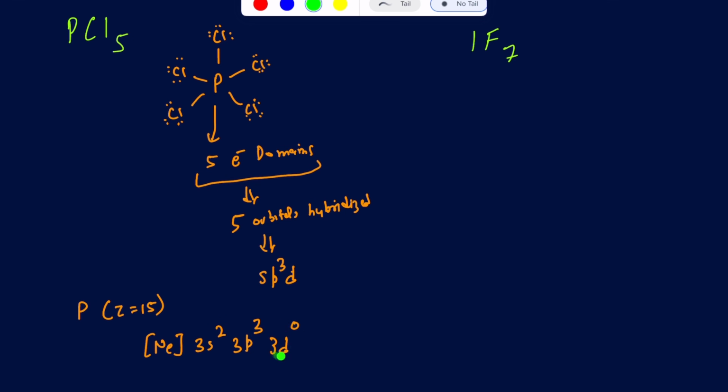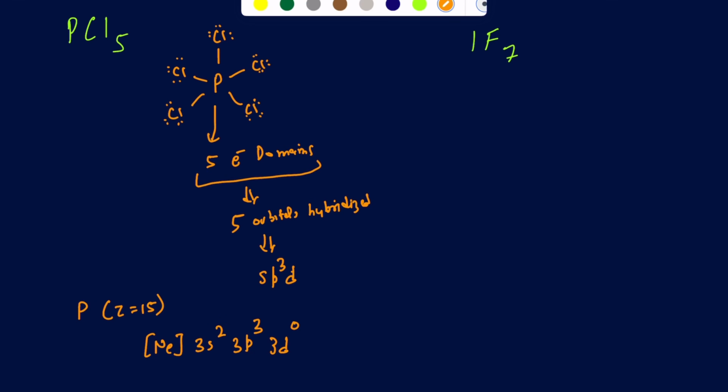So that's why we're able to use the d subshell or the d orbitals in the case of atoms that are on the third period and below. So that's why phosphorus can exceed the octet, sulfur can exceed the octet, iodine can exceed the octet, and whatnot. For those reasons, because they have the d subshell that's empty, where the electrons can be promoted onto the d subshell, and now you would have more than 4 atomic orbitals with only 1 electron.